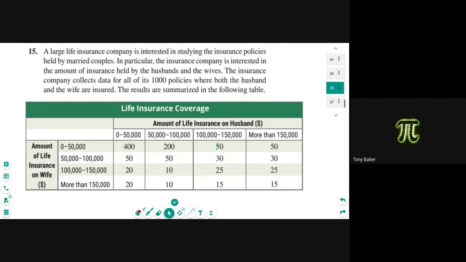So there's 1,000 policies here. It actually tells it up there, so it's not secret information. What is the probability that the husband will have between $50,000 and $100,000 of insurance?